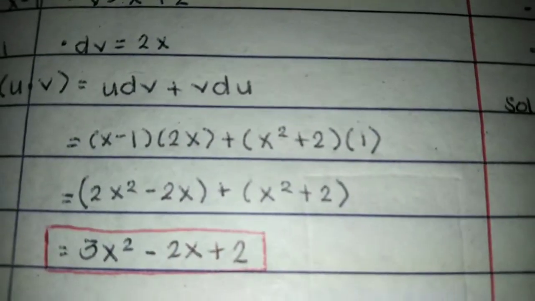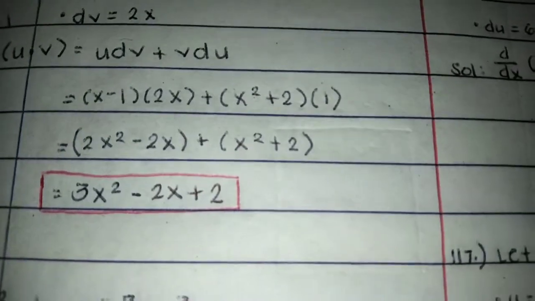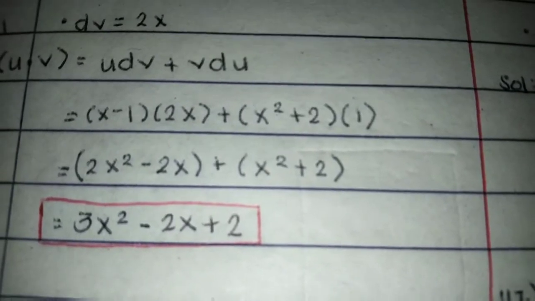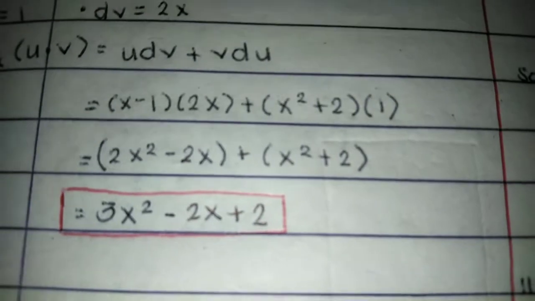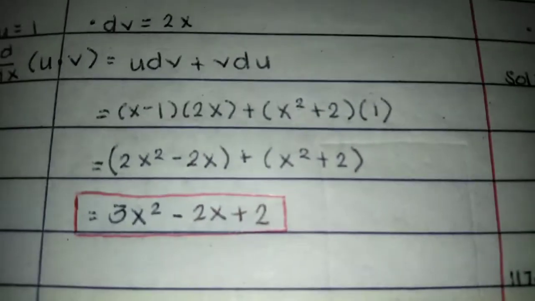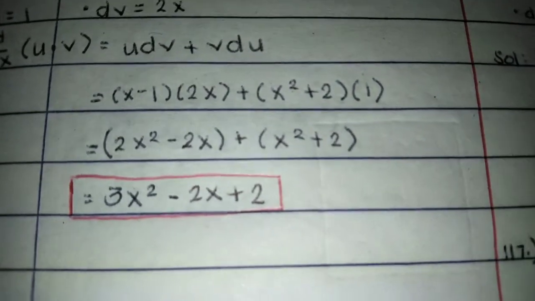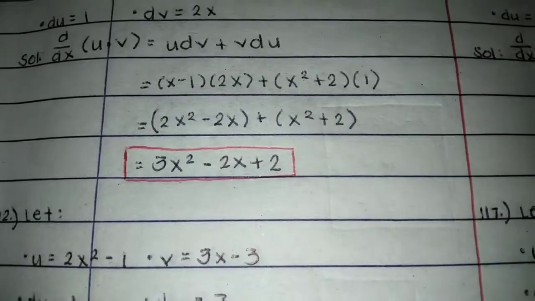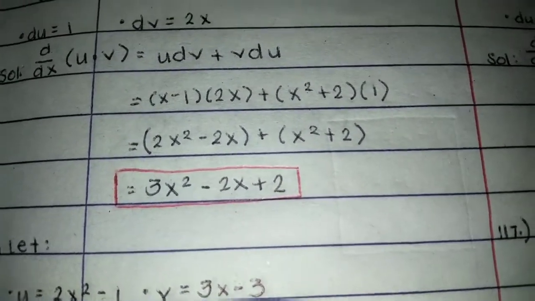So we're just going to multiply the two variables. As a result, 2x squared minus 2x plus x squared plus 2x. We're going to combine both. So our final answer would be 3x squared minus 2x plus 2. So that's it.